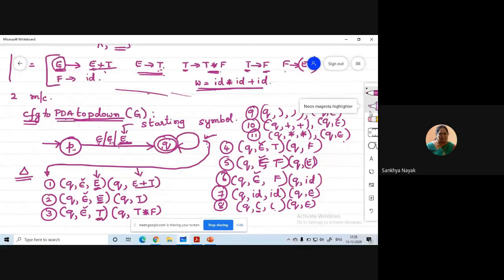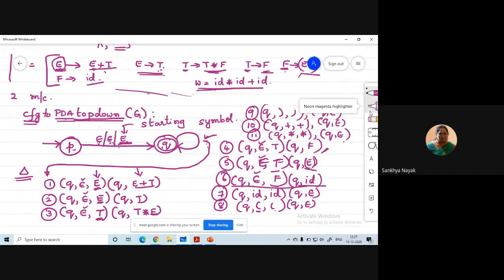Similarly, if T is there in the stack, you need to replace it with the right hand side, that is T star F or F. Similarly, if you have F in the stack, replace it with open E closed or even with ID. So this is stack replacements.